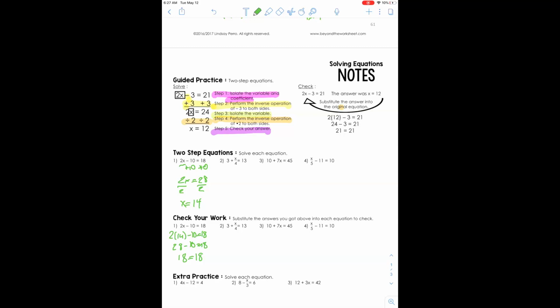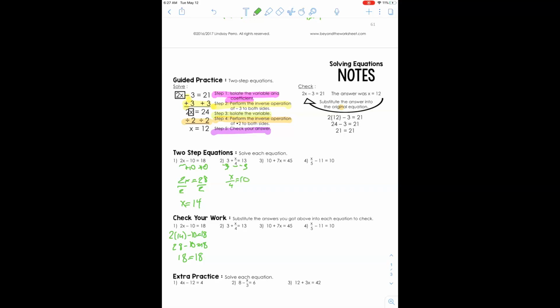Let's look at number 2. So we're going to try and isolate x divided by 4. So that means we need to get rid of our 3. So since it's a positive 3, that means the inverse would be subtracting. So we're going to subtract 3 from each side. So on the left we have x divided by 4 equals 10.